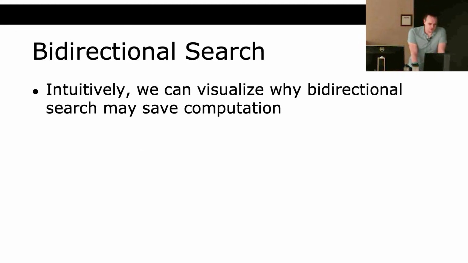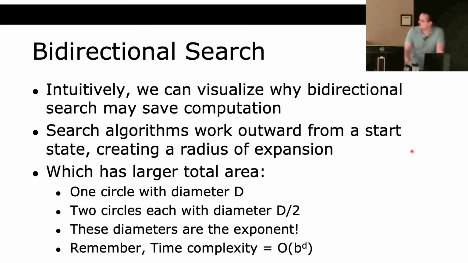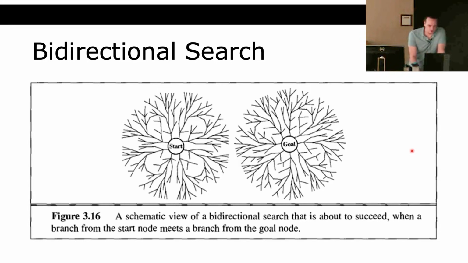So intuitively, we can visualize why bidirectional search may save computation. Search algorithms work out from the start, creating a radius of expansion. So which has a larger total area? One circle with diameter d, or two circles with diameter d over 2. Okay? So if we look, here's one example of bidirectional search. Here's the start, here's the goal.